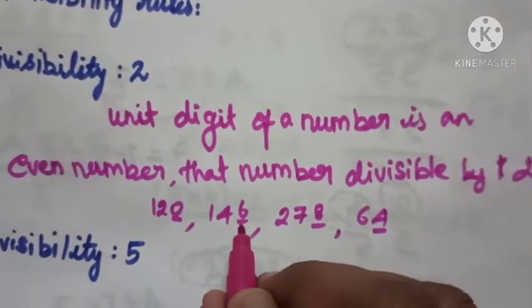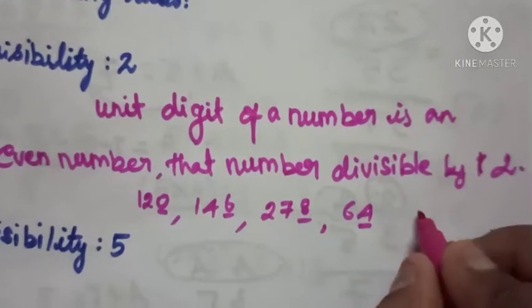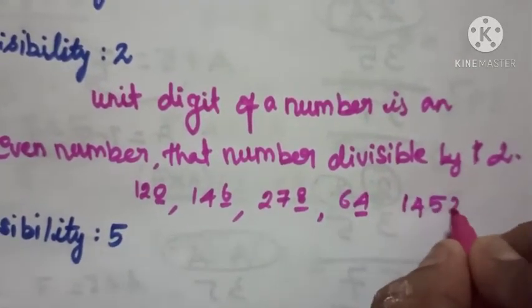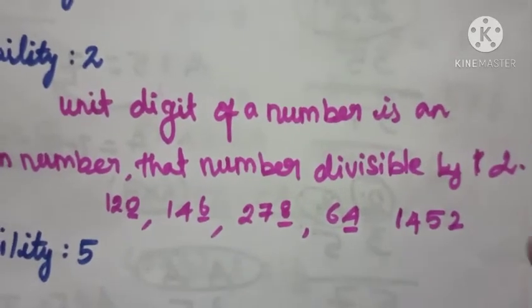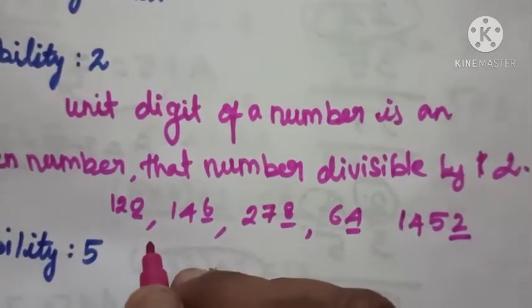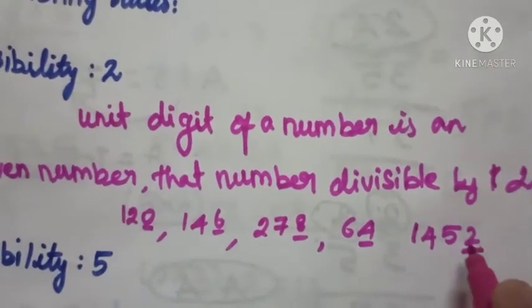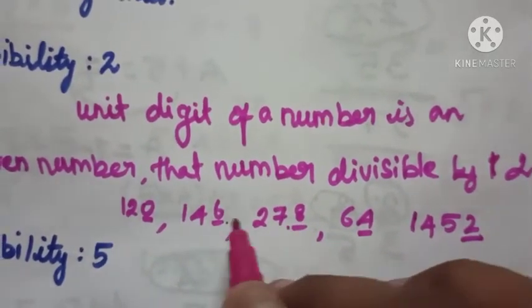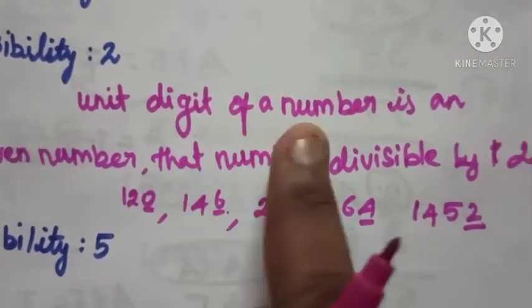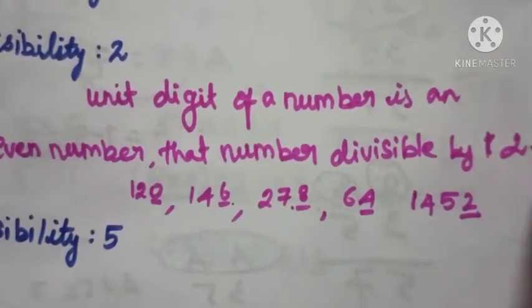So 0, 6, 8, 4, and another one, 1452. Now you can see, you compare all the unit digits, that is the ones place: 2, 4, 6, 8 and 0. These are all even numbers. So if the unit digit of your number is an even number, that number is divisible by 2.